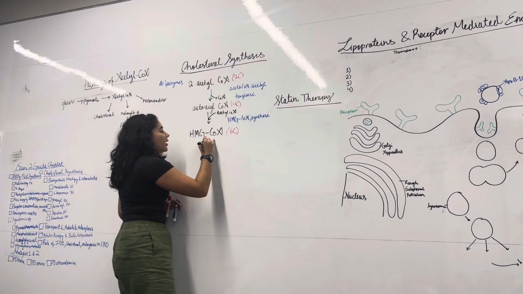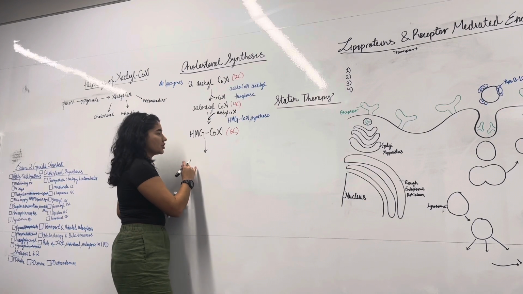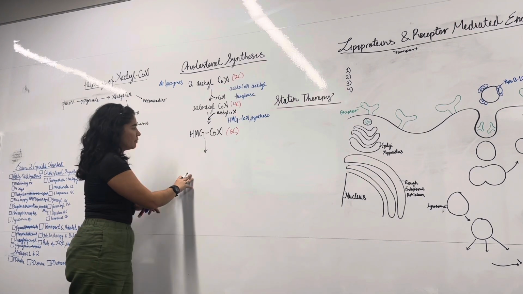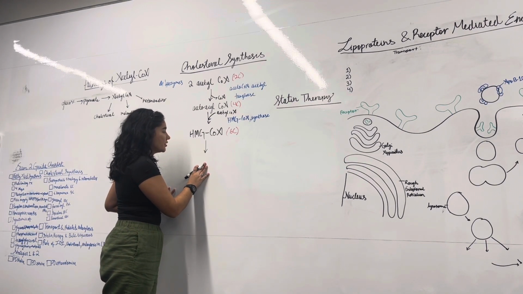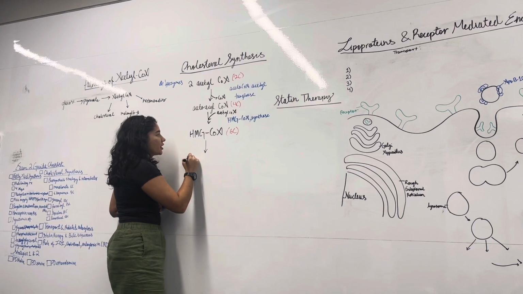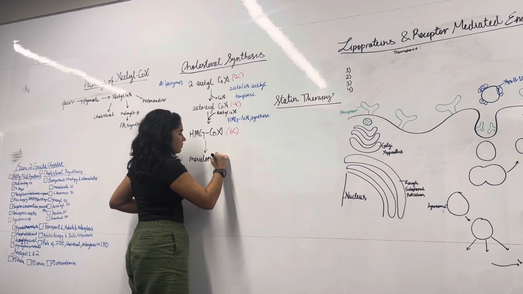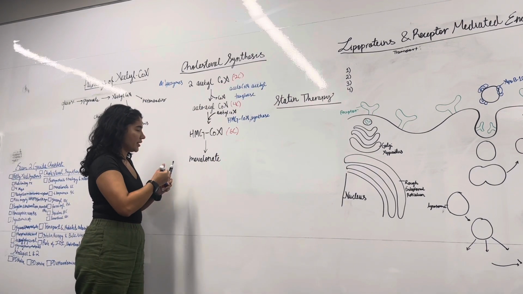And then HMG-CoA is going to get reduced, and this is the most important step because it's the committed step, and it's going to be the step that is subject to regulation, right? So we're going to make mevalonate. And you guys remember the name of this enzyme?